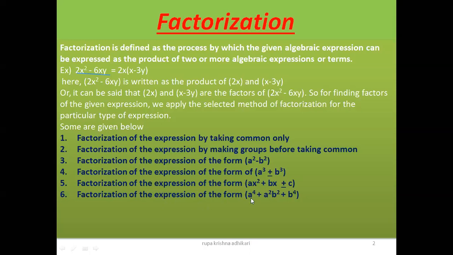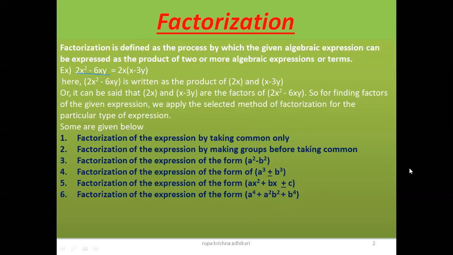And sixth one is of the form a to the power 4 plus a square b square plus b to the power 4. So these are the 6 types of algebraic expressions, and in this video I am going to show you how you can factorize these 6 types.